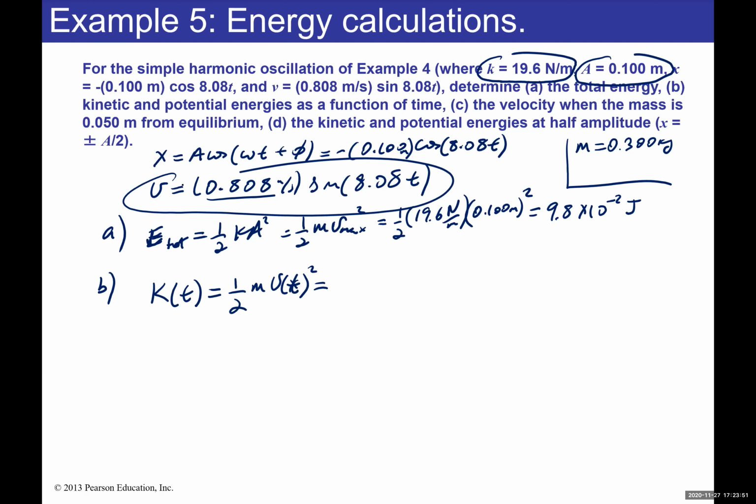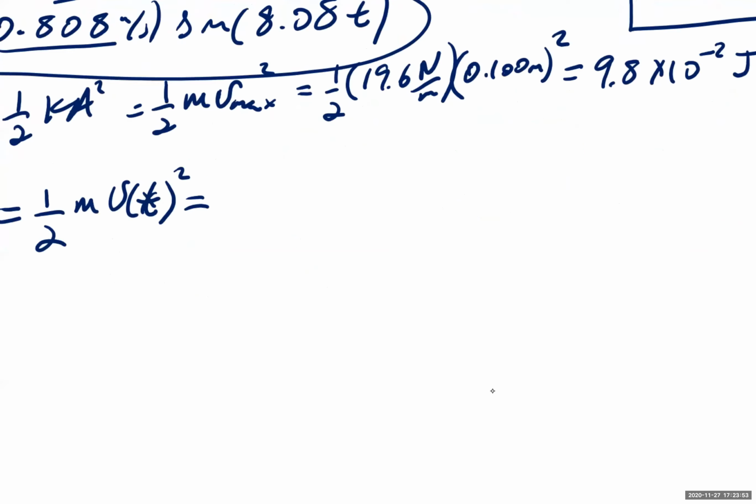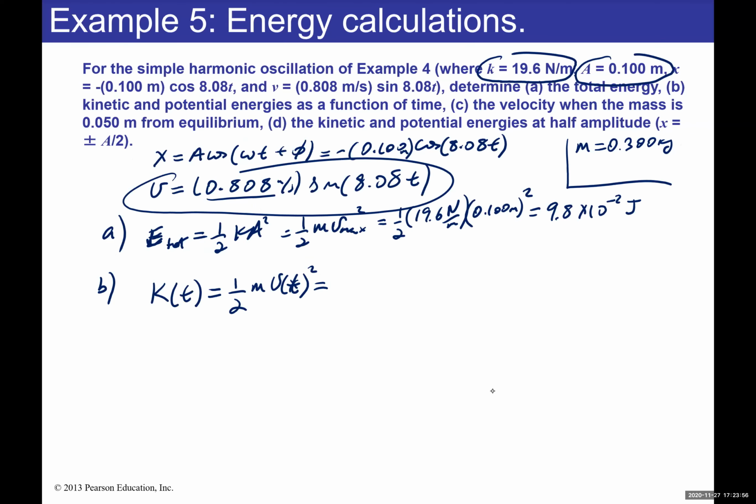Then I can do this as 1/2 times 0.3 kilograms, times, and I plug in 0.808 meters per second, then times sine of 8.08 t, and I square that.